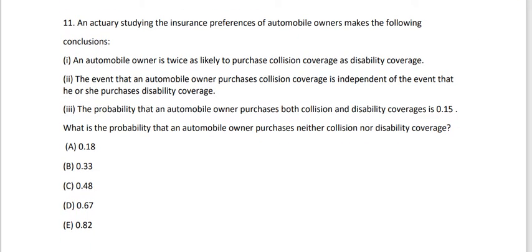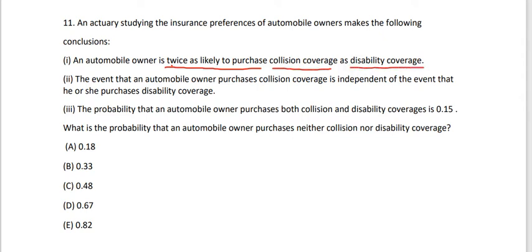So problem number 11 says that for those automobile owners, they will buy two insurance coverages: a collision coverage and a disability coverage.